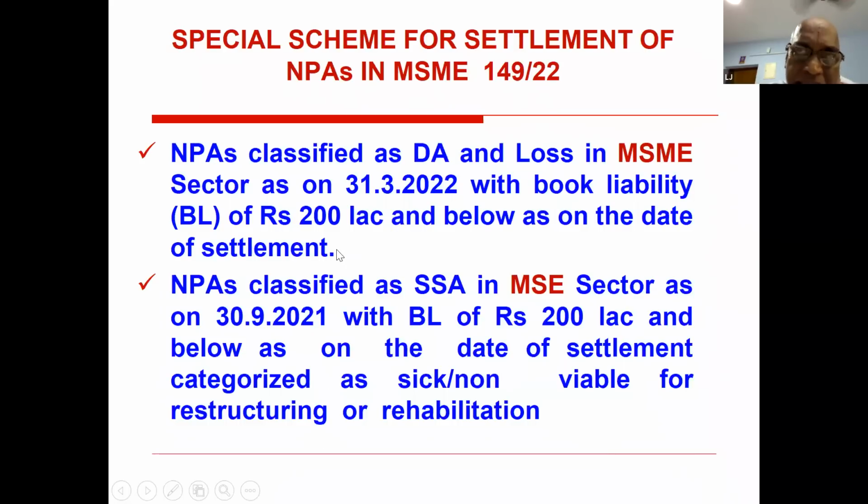What is book liability? I already told you. The date from which cessation of interest, the date from which no interest is debited on the account, is called the book liability.